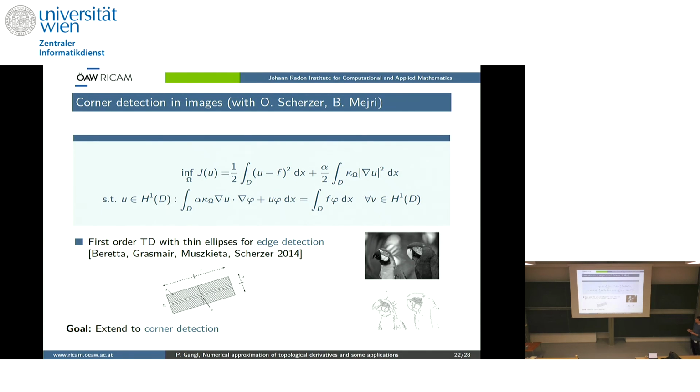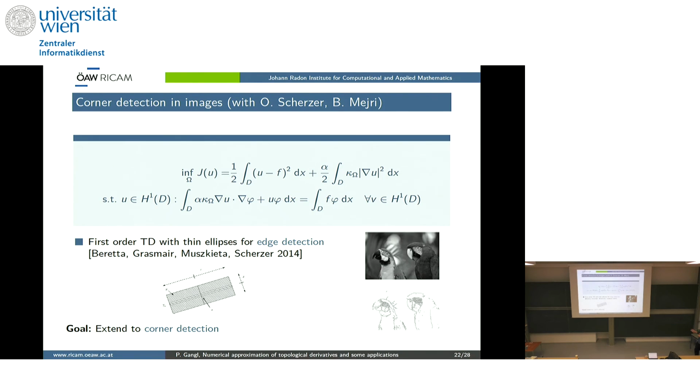They used the topological derivative with respect to a particular inclusion shape that's very thin ellipses. Actually, they have different dimensions in terms of epsilon in both directions, but they use topological derivatives with respect to these very thin ellipses in order to detect edges in images.